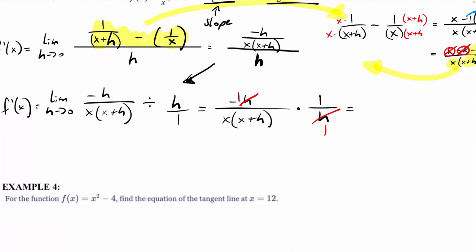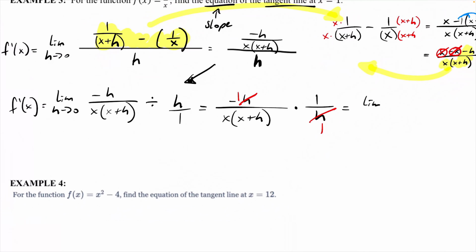Okay. So now we have the limit as h approaches 0, negative 1 on top, x, x plus h on the bottom. Plug in 0 for h now.